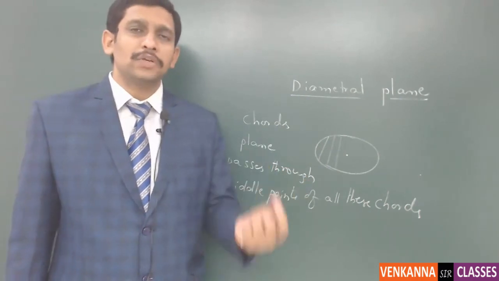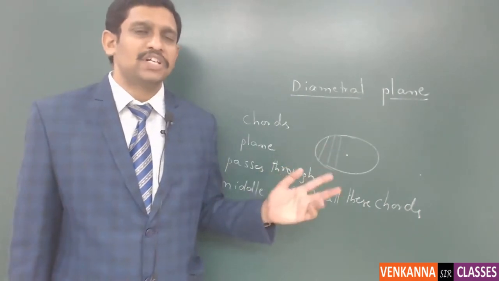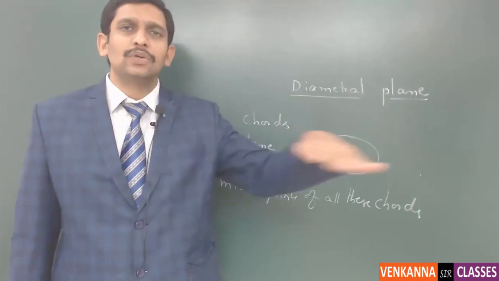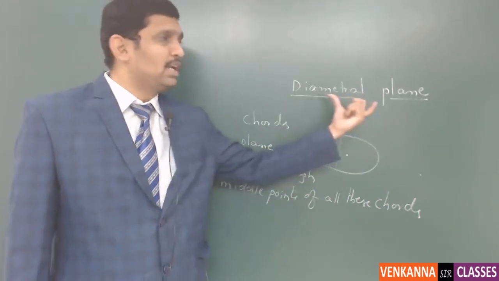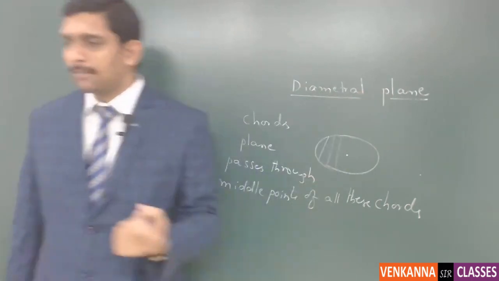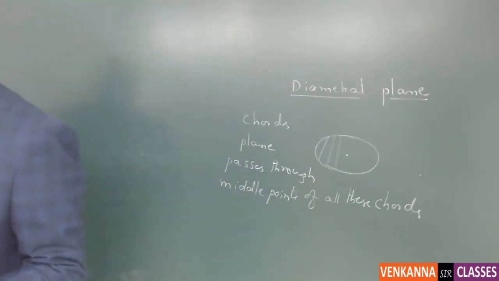So we are going to calculate a plane equation which passes through the midpoints of the chords. Such type of plane we are calling it as the diameter plane. Okay? Is the definition part clear?